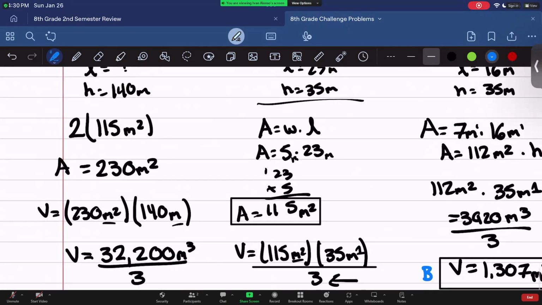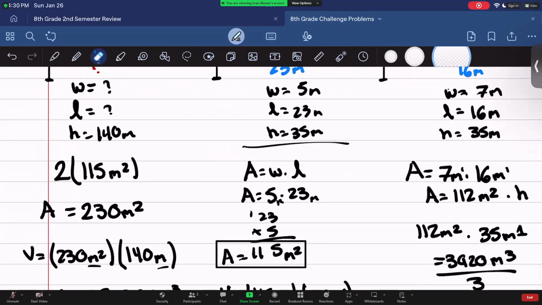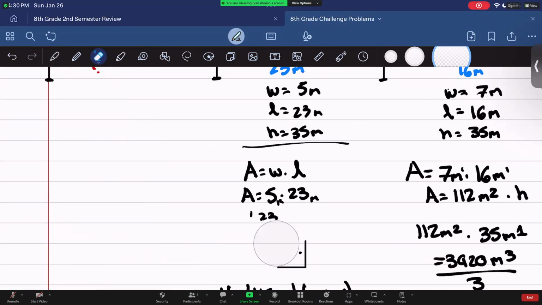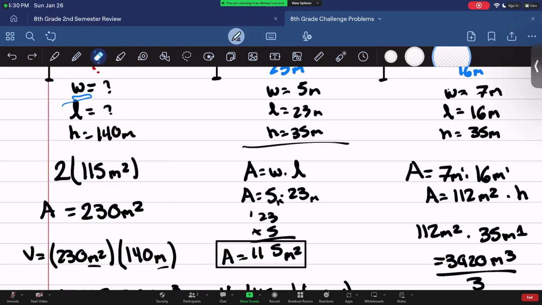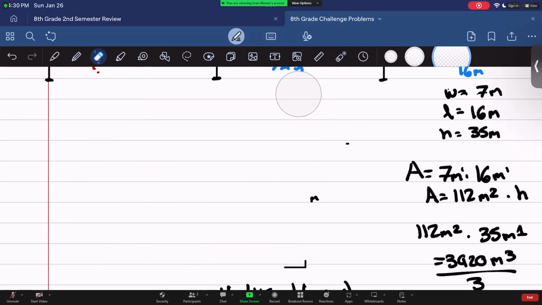Now that we have all the individual volumes, I'm going to erase this once again. Oh, that is not my eraser. Okay. Oh, I should not. Wait, no. Yeah, I could erase that.